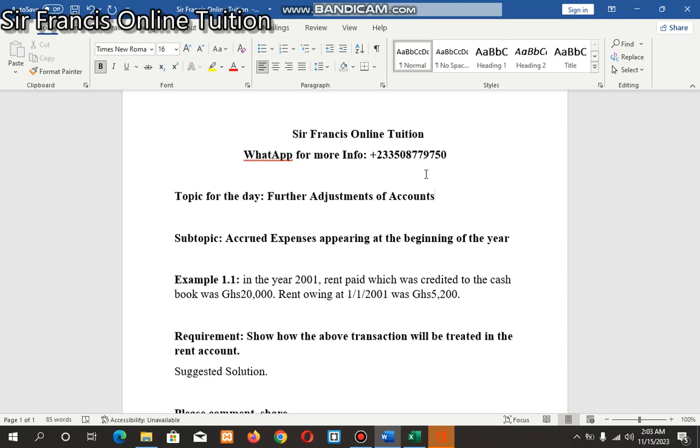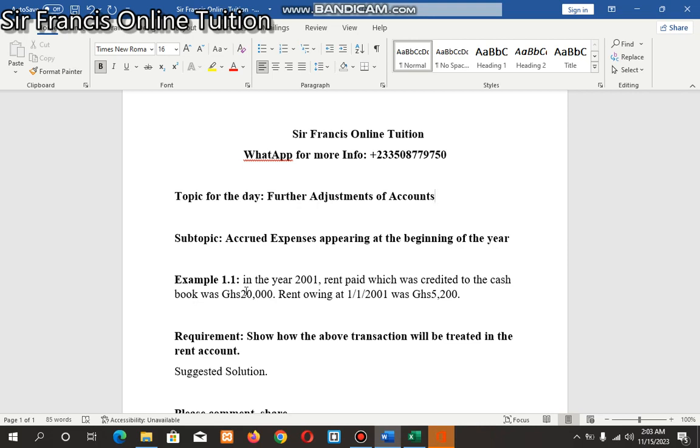If you check example 1.1, it says that in the year 2001, rent paid which was credited to the cash book was 20,000 Ghana cedis. It means the total expenses paid for the year 2001 was 20,000.